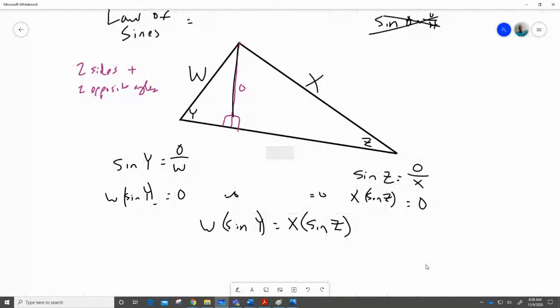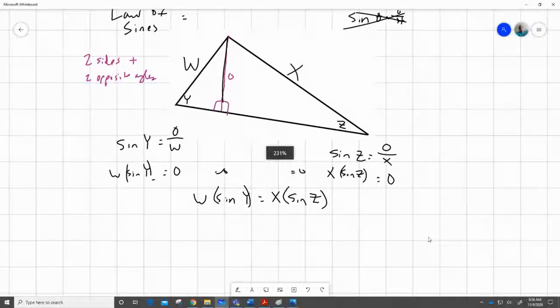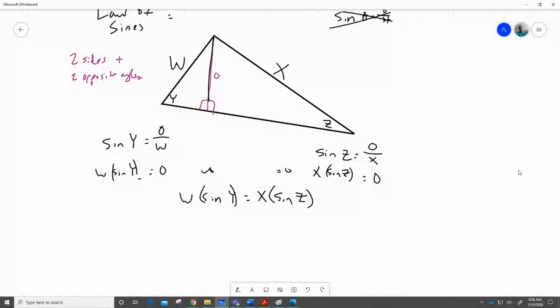So W sine Y is equal to X sine Z. Now, if we were to rearrange this, we know from the notes that Y is the angle that goes with X because it's across from it, and Z is the angle that goes with W. So I want to put the Y with the X and the Z with the W.